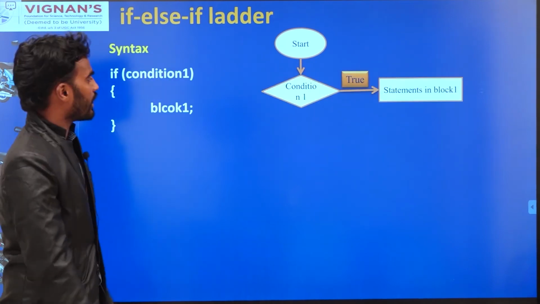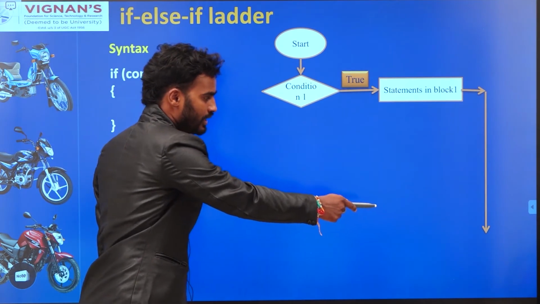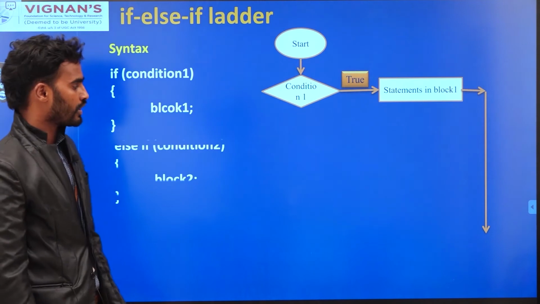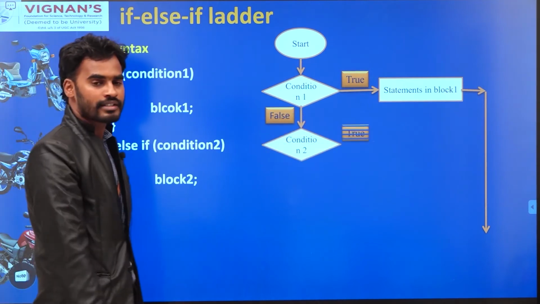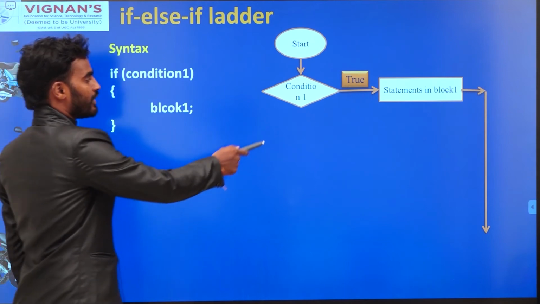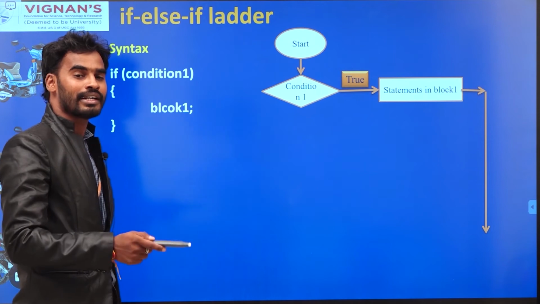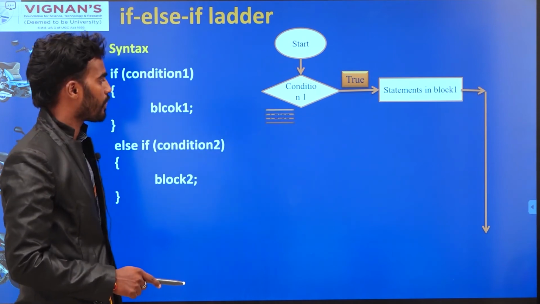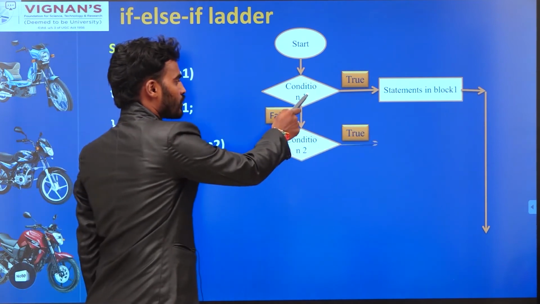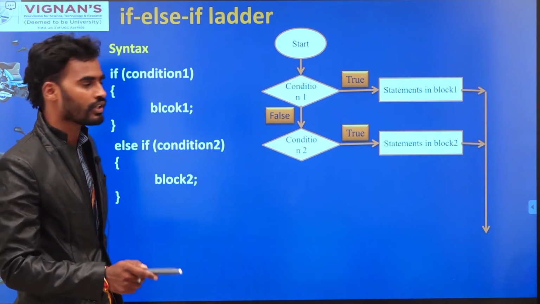If condition 1 is satisfied, the statements in block 1 will be executed and then the statements after the else if ladder will be executed. If the first condition is not satisfied, then only it will check whether the second condition is satisfied or not.